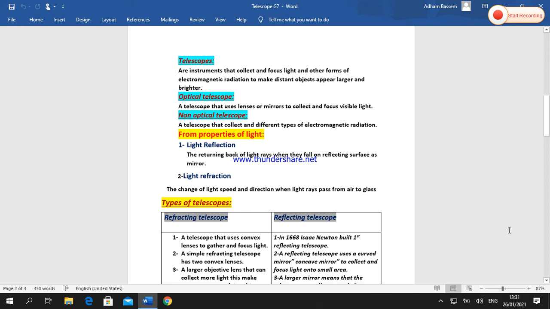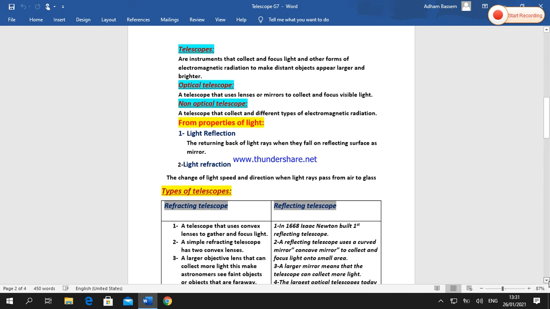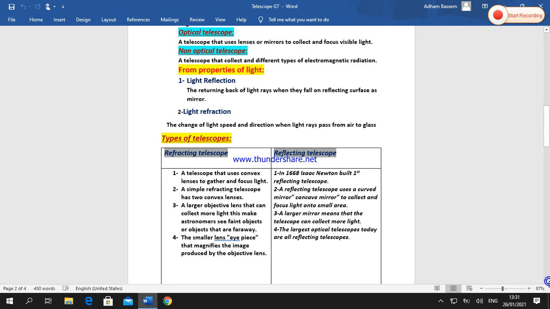We have many types of telescopes. Number one, the reflecting telescope depends on light reflection. So, in its structure, we use a reflecting surface.